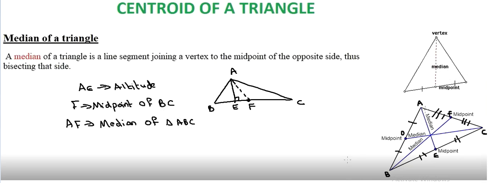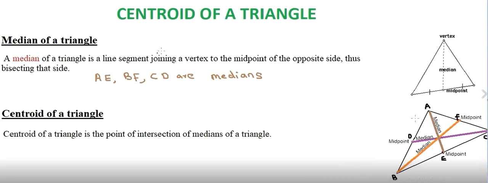Now we are going to define the centroid of the triangle. The centroid of a triangle is the point of intersection of the medians of a triangle. Here AE, BF, CD are medians, right? These are the three medians. So the centroid of a triangle is the point of intersection of these medians. So what is the point of intersection of these medians? In the figure, this point.